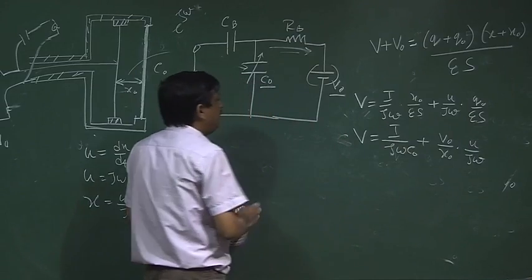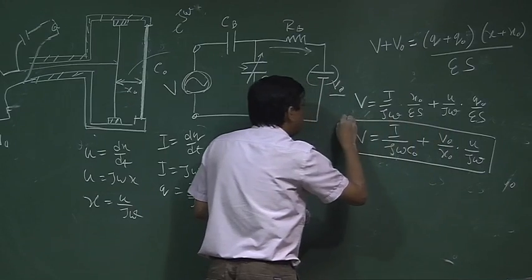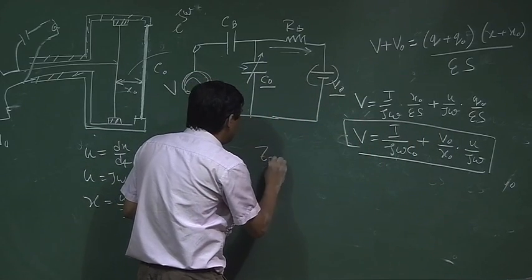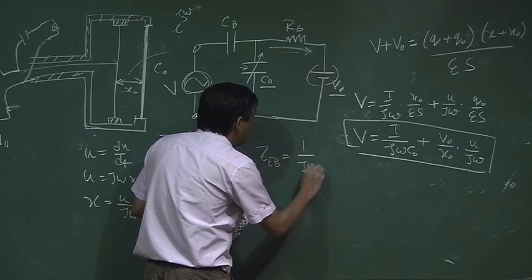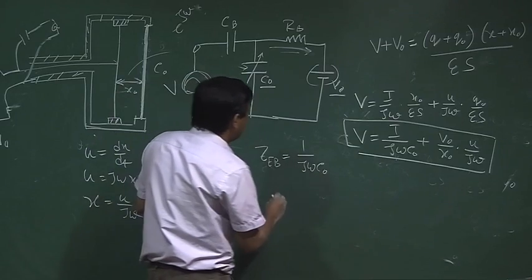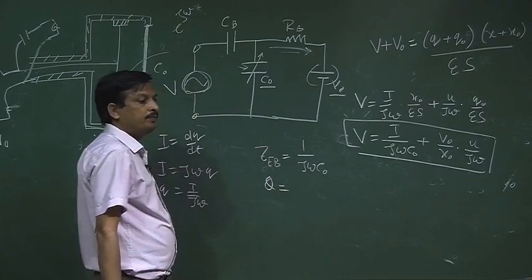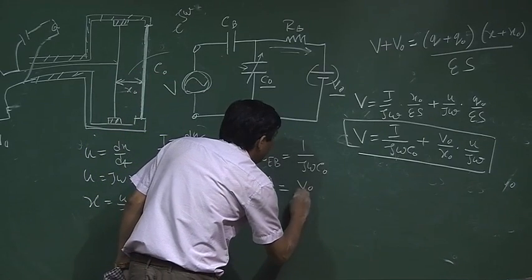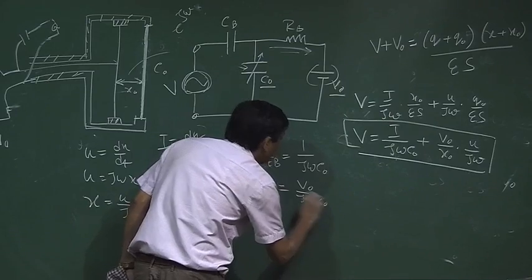Okay. Now, if you see, this is the canonical equation of a reciprocal transducer 1. What is ZEB? ZEB is nothing but 1 by j omega C0. And what is T_EM? T_EM is nothing but V0 by j omega X0.